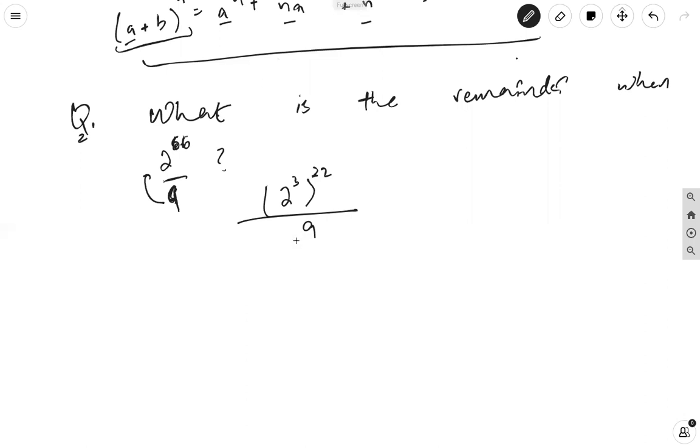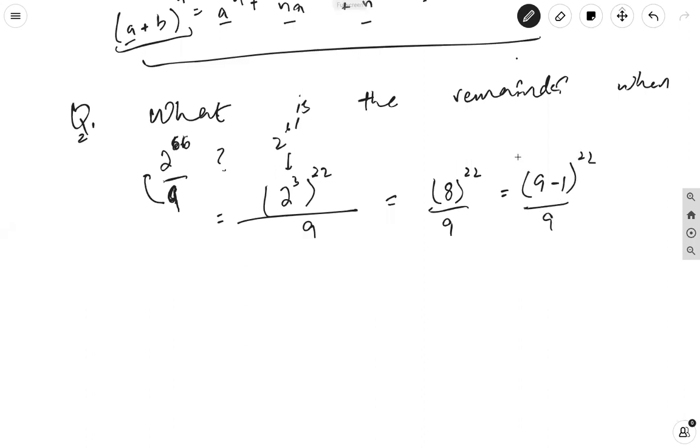I can write 2 power 66 as (2 power 3) whole power 22. I can write this way, right? So this is 8 to the power 22 over 9, right? Now can I write this as (9 minus 1) to the power 22 over 9?